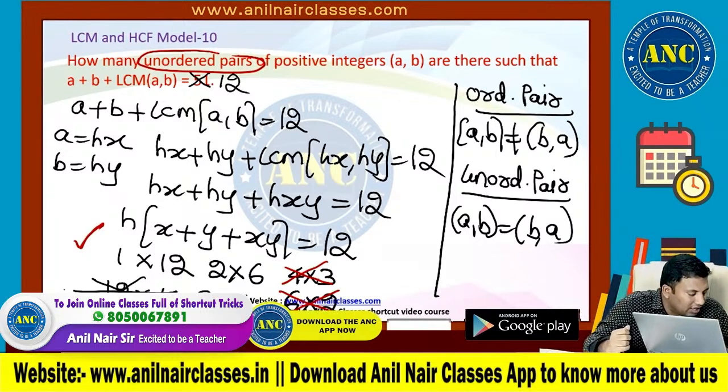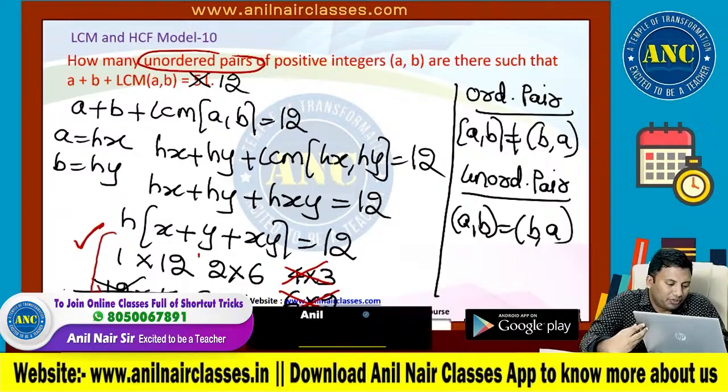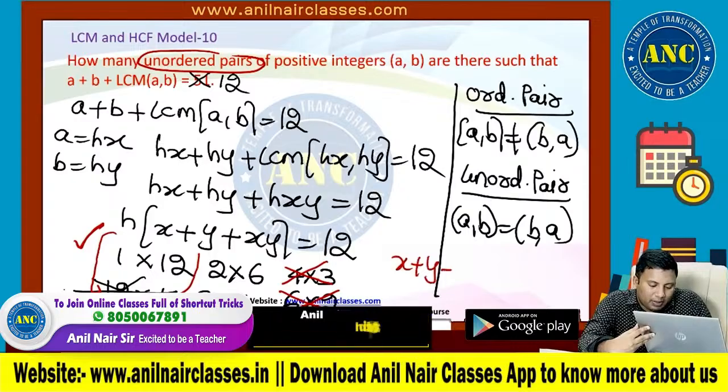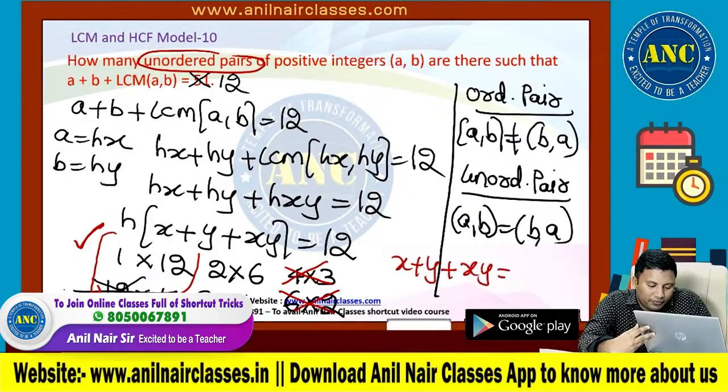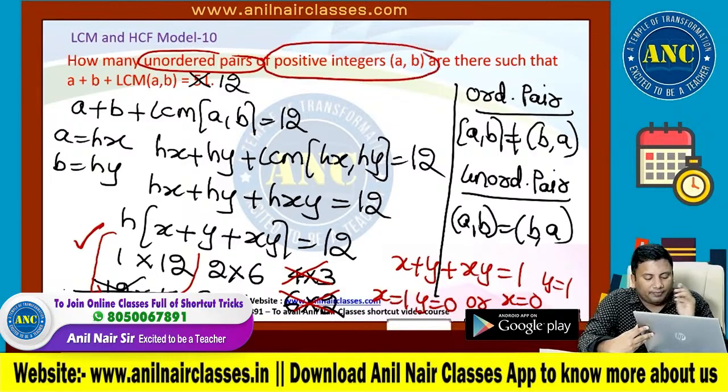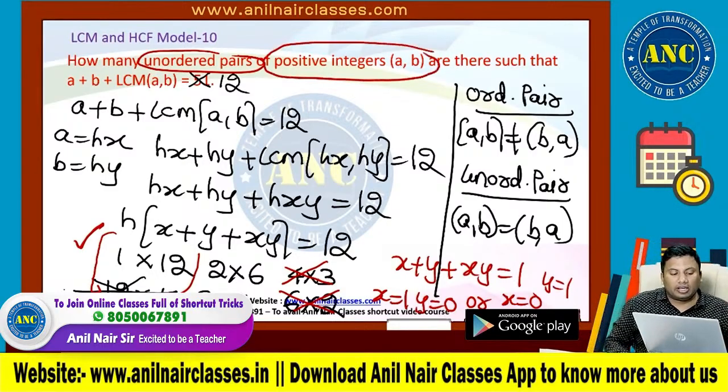Why? Because, Banu, if h is 12, then this is 1, x plus y plus xy is 1, which means x is 1, y is 0, or x is 0, y is 1. It is a positive integer, x and y cannot take 0.